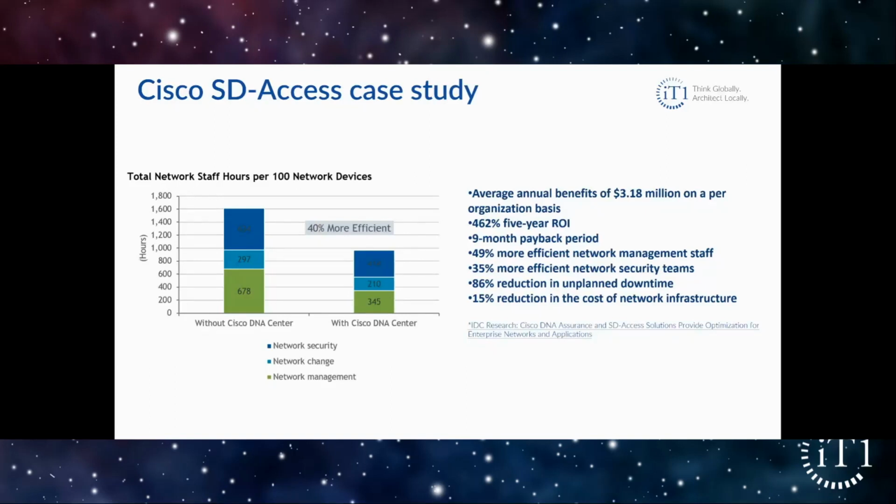A 462% 5-year ROI, which is pretty crazy for this platform, considering especially this is a little bit more costly. So getting a 462% ROI, and really only a 9-month payback period. And they noticed a 49% more efficient network staff, a 35% more efficient network security team, and an 86% reduction in unplanned downtime.